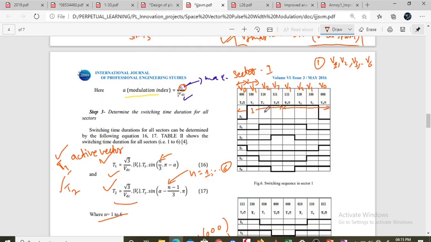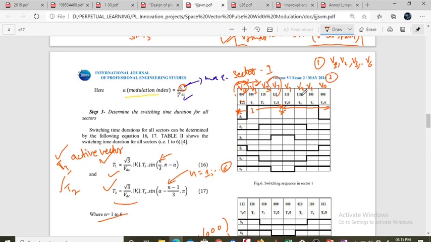In the first subcycle, the active states v1 and v2 must be applied at least once, from this line to this line. It doesn't matter how much zero vector is here, but v1 and v2 should be here.